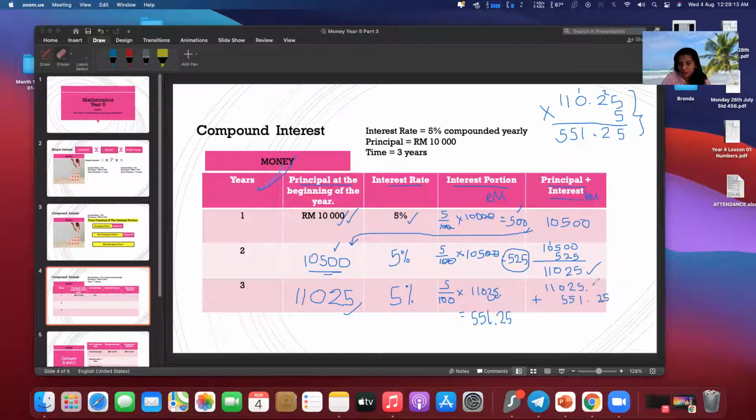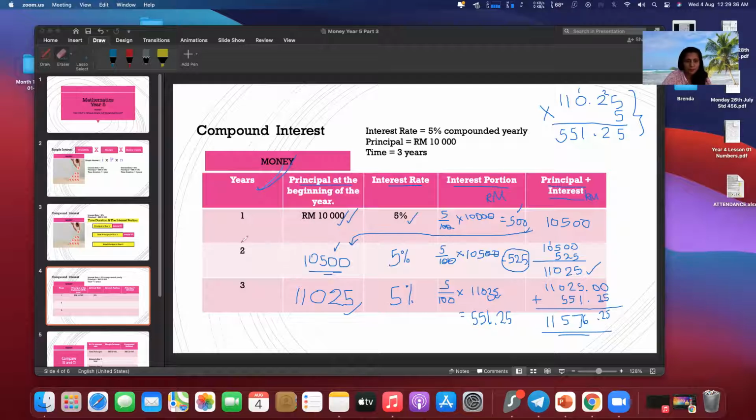Remember, there is a cent part here, which is 0. Add it. So 25 cents, okay. And then 5 plus 1, 6. 2 plus 5, 7. This is 5 and this is 11. So altogether, you would have 11,576 ringgit and 25 cents.